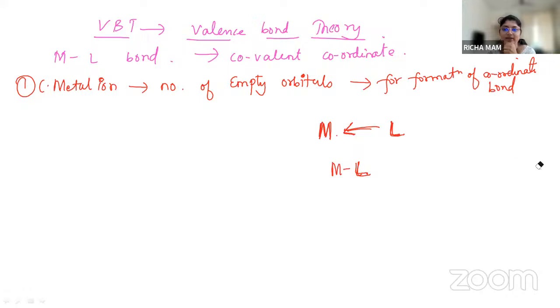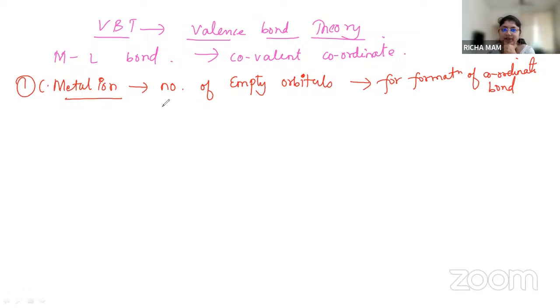How does the metal provide that space? By providing some empty orbitals. It is keeping some rooms empty in its house for when the ligand comes.